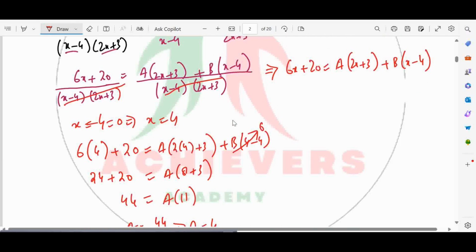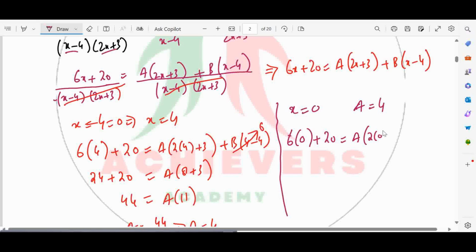Now the next thing we can do is just put x equals 0. I will put x equals 0 and a equals 4 in the above equation. So this will be 6 into 0 plus 20 is equal to a into (2 into 0 plus 3) plus b into (0 minus 4). Now this will be 20 is equal to a into 3 minus 4b.